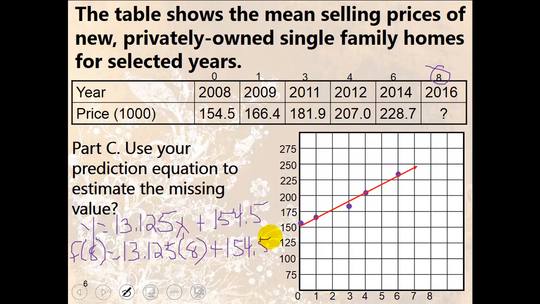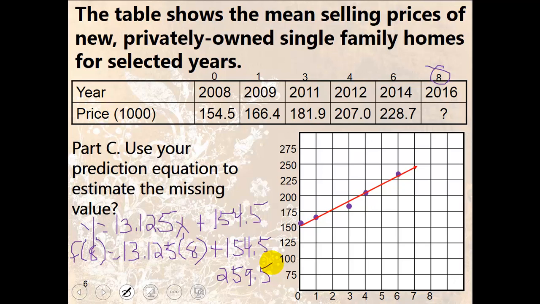And when I do that, I get a prediction of 259.5. That's $259,500. That's going to be my mean selling price in 2016.